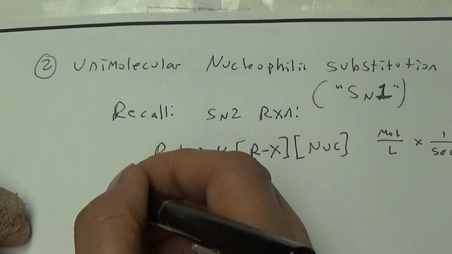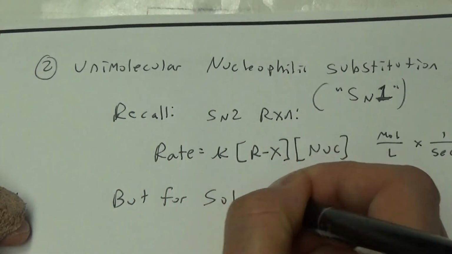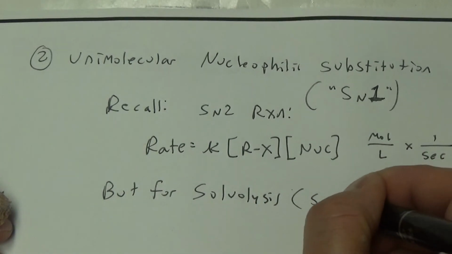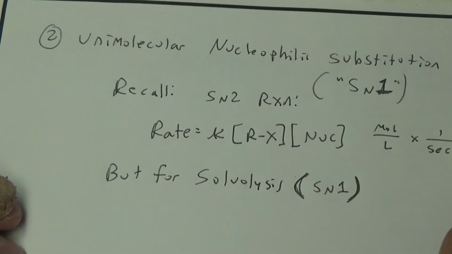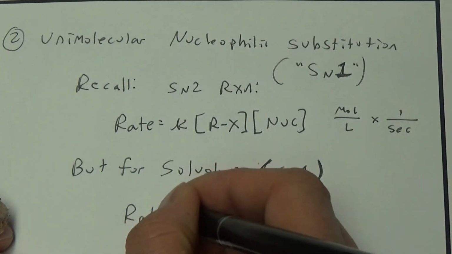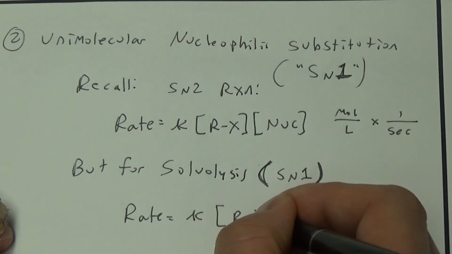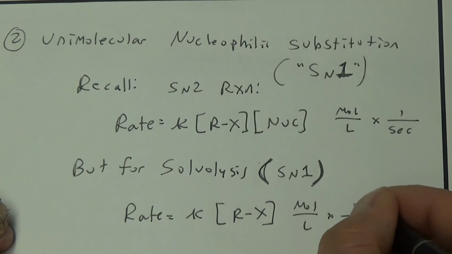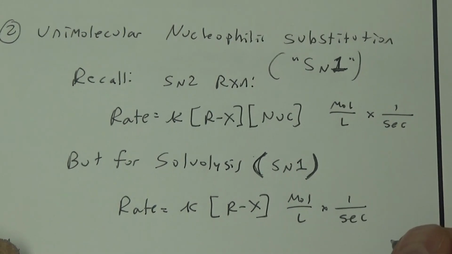For solvolysis, which will be the SN1 reaction, the rate is a rate constant times just the substrate. Moles per liter and 1 over seconds. So it's a little bit different.